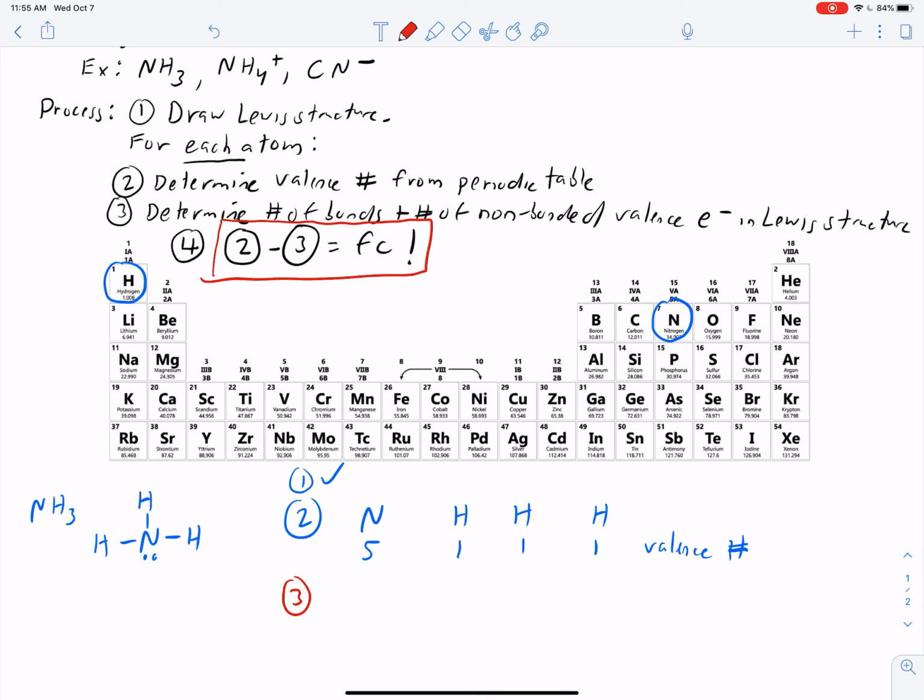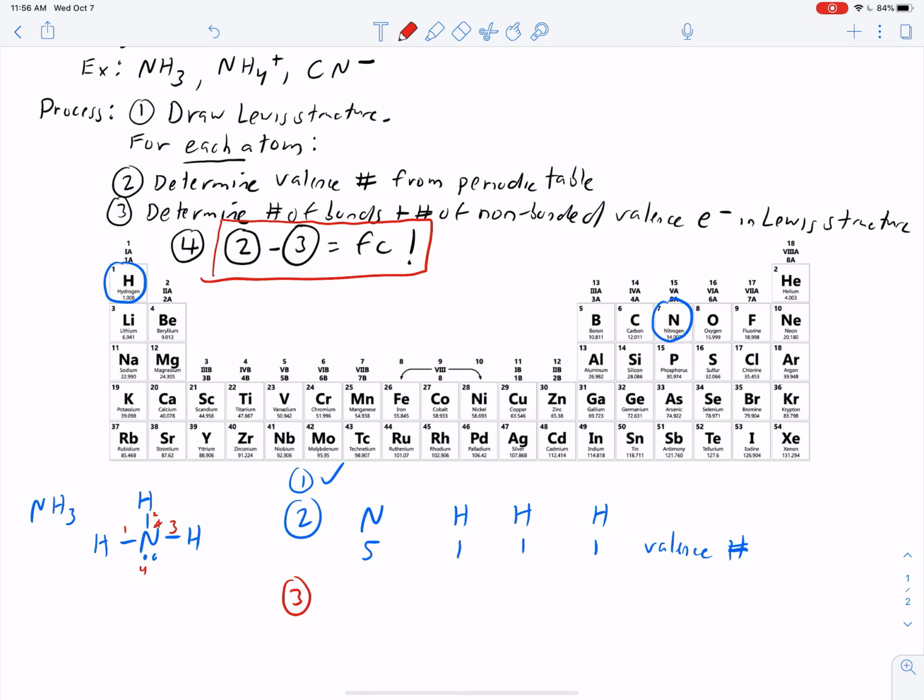We then can move to number 3. Number 3 says, determine for each atom the number of bonds plus number of non-bonded valence electrons in the Lewis structure. So for nitrogen here, putting a little asterisk just to note that I'm looking at the nitrogen, that nitrogen has 3 bonds to each hydrogen, right? So there's 3 bonds plus 2 unbonded electrons. And so I'm just going to label 1, 2, 3 bonds.